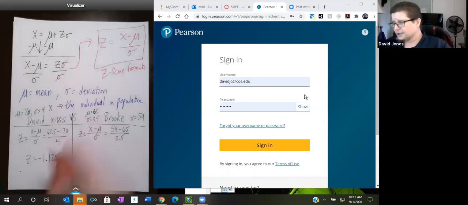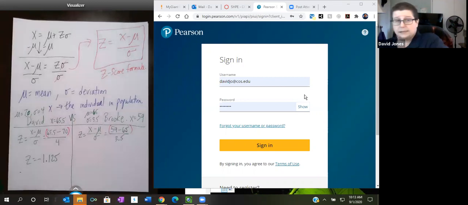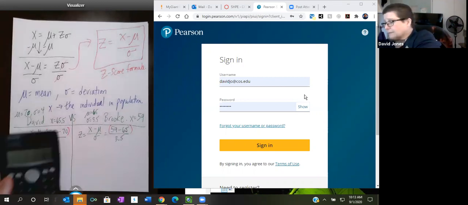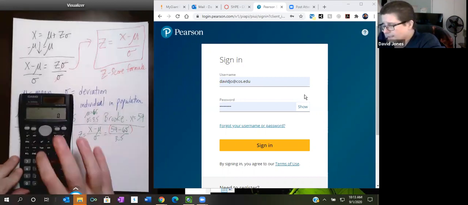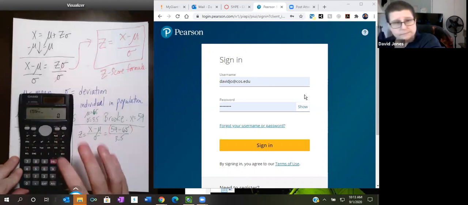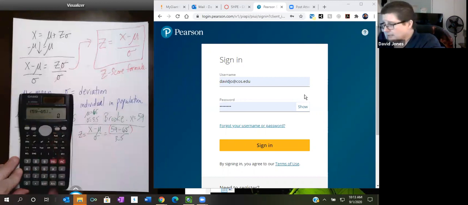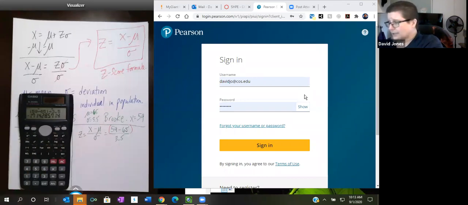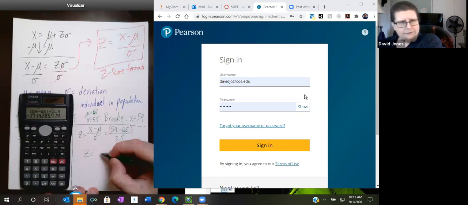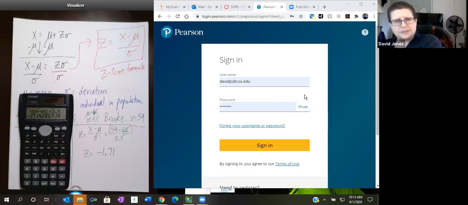An option for doing this all at once, if your calculator has parentheses, is to do the top in parentheses. I'll illustrate that on Brooke's side. I'm going to do parentheses 59 minus 65, end parentheses, and then divided by 3.5. And I get z equals negative 1.71 to 2 decimal places. The reason why I say use parentheses, look what happens if I don't.